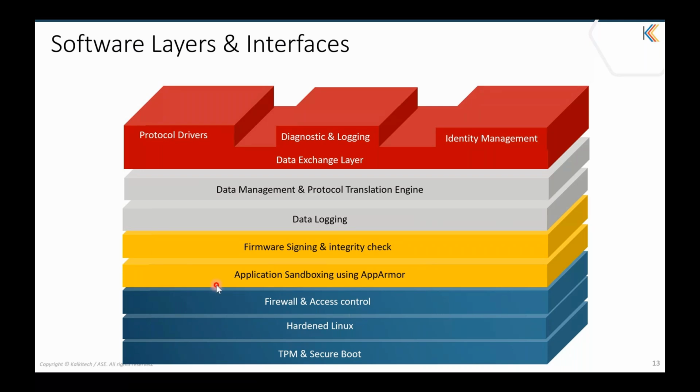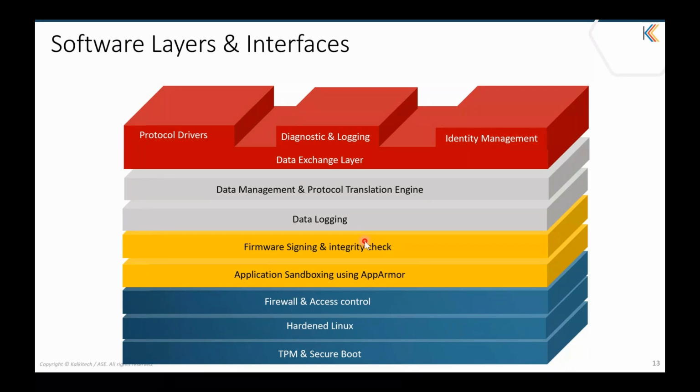And the application sandboxing using AppArmor has been added on top to make sure that all the applications have only the permissions allocated for that particular application. On top of that, there's a firmware signing mechanism and integrity check, which ensures that only signed firmware will be deployed in the gateways.